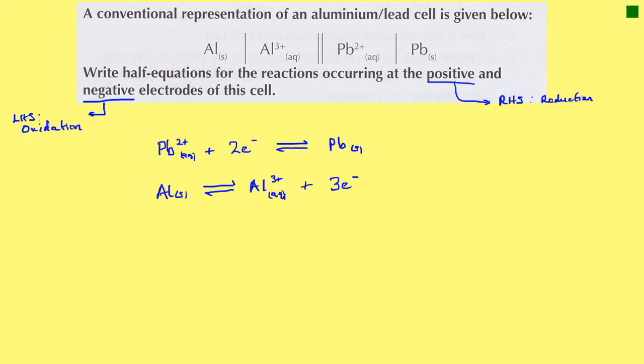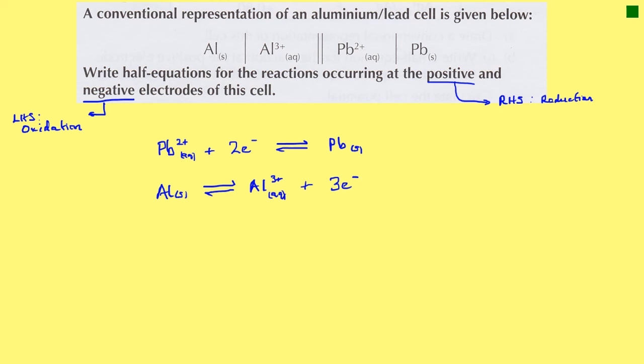So let's do another example. This time, let's do it the other way around. Let's say we're given a conventional representation of a cell, and it is an aluminium and lead cell. And what we were asked to do is write half equations for the reactions occurring at the positive and the negative electrodes.